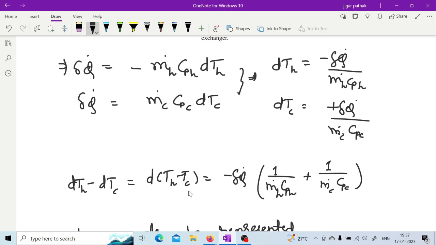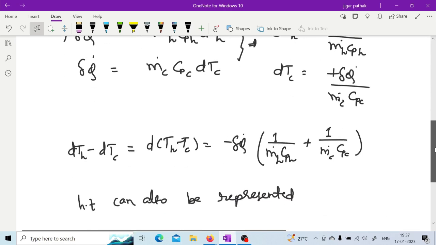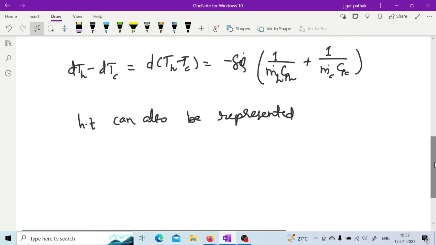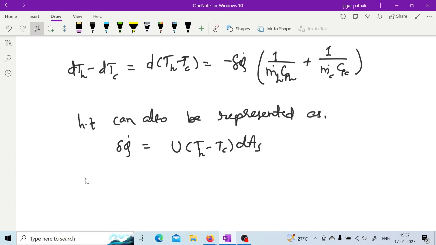Once you have an idea about this, then as we know, heat transfer can also be represented as delta Q equal to U (Th minus Tc) for that small area dA s.